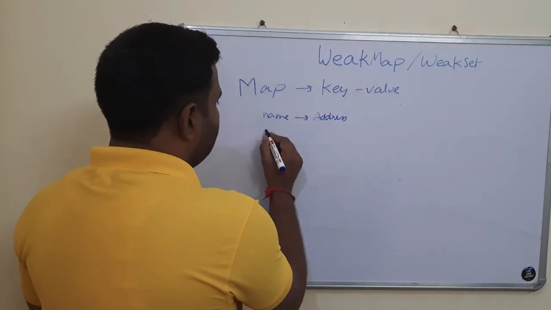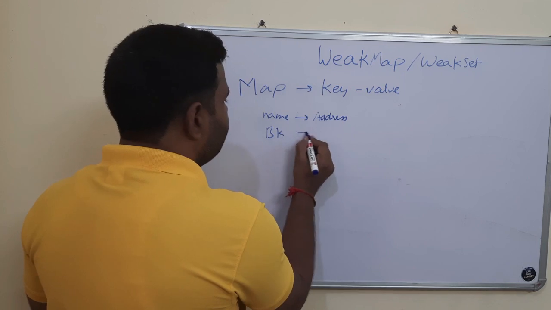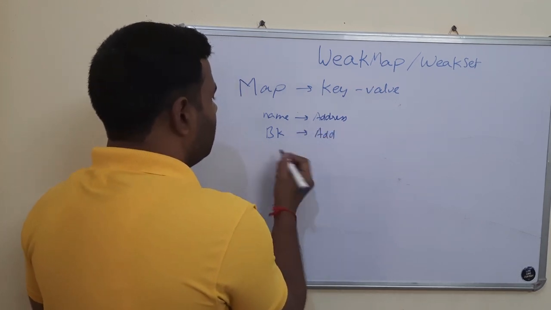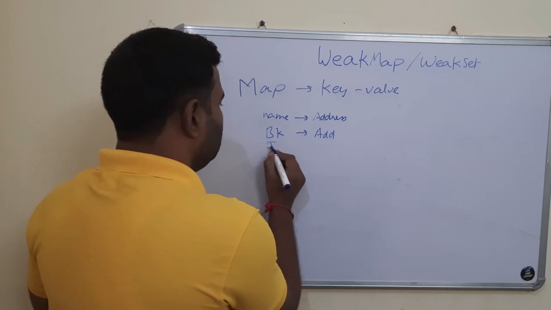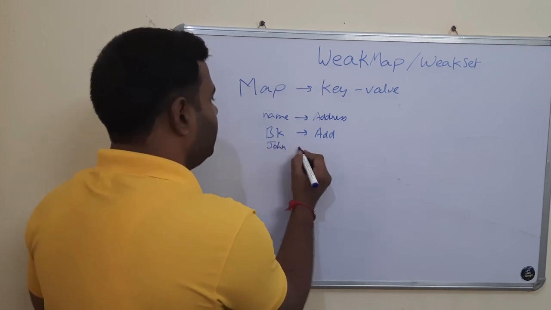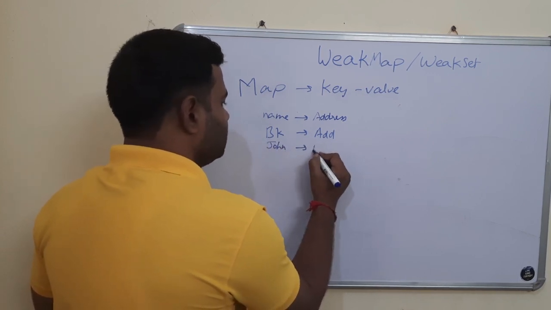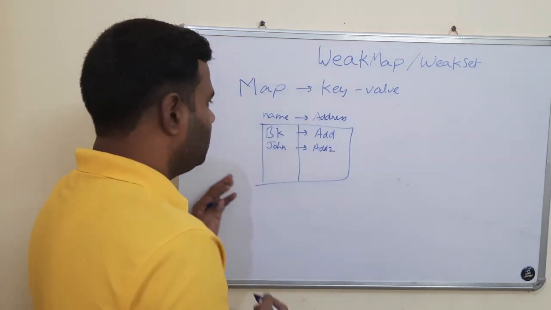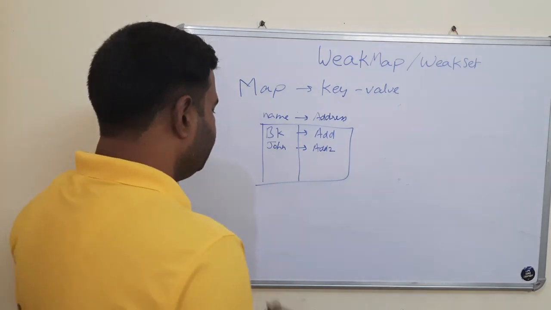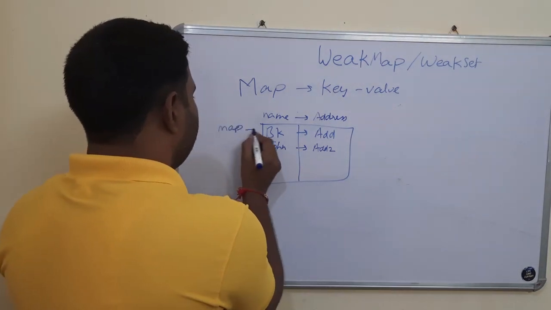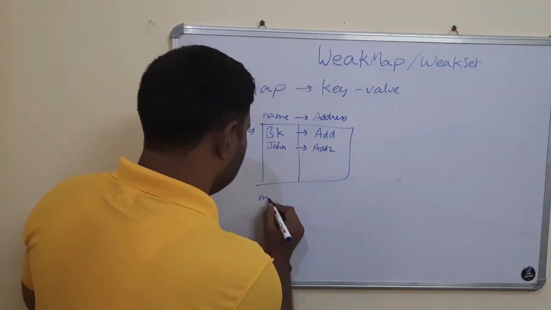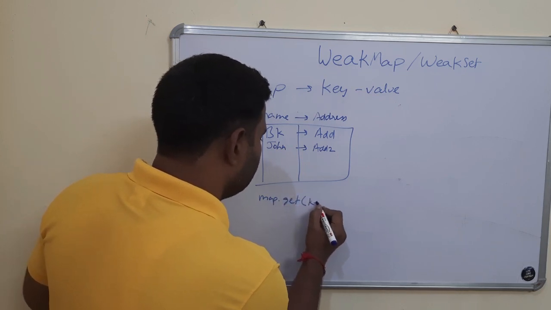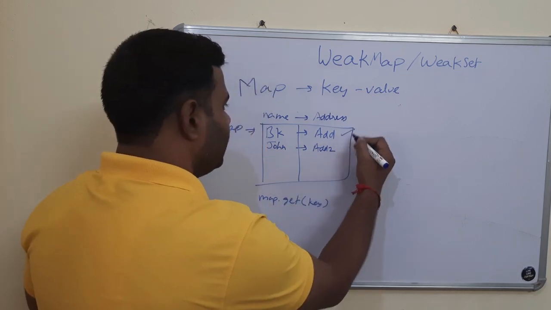So for example, we have BK and then its address, or we can have some other person, John, and then their address, and we store these key-value pairs. This is the Map data structure. Then map.get with some key will return its address.